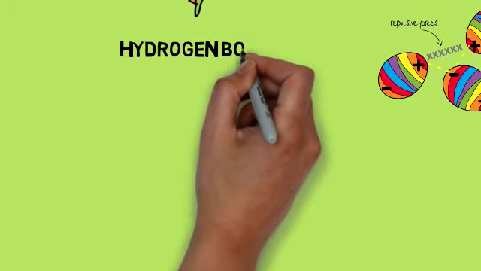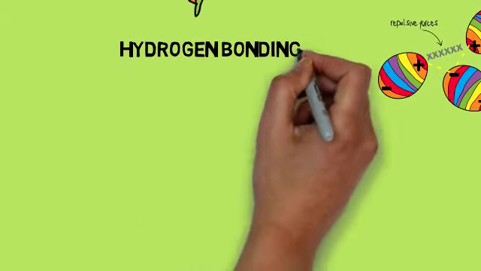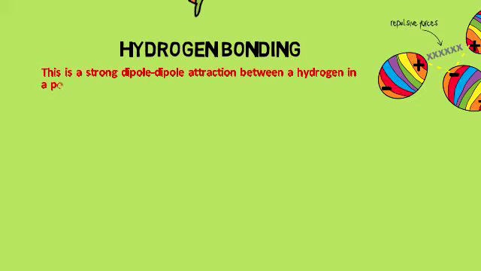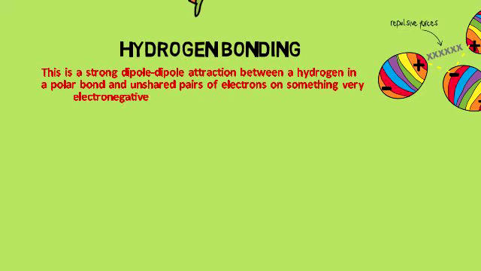The next kind of bond is hydrogen bonding. This is a strong dipole-dipole attraction between a hydrogen in a polar bond and unshared pairs of electrons on something very electronegative like oxygen, fluorine, or nitrogen.